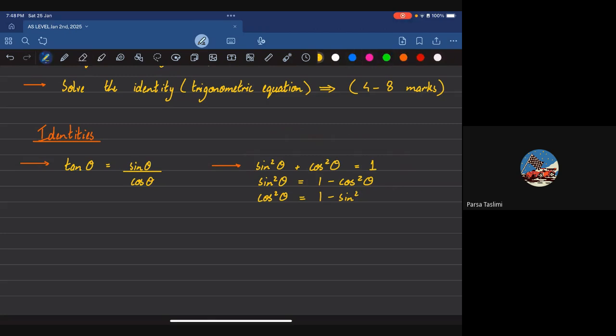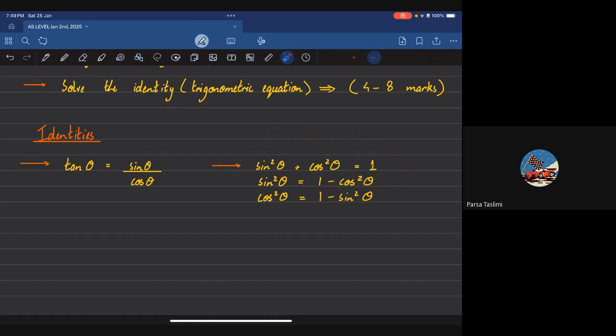Now, what do we mean by identities? Technically, what we're trying to say is that if somewhere you're supposed to calculate for tan theta, and you cannot further simplify it, you can easily replace tan theta with sine theta over cos theta. Why? Because it is the same thing.